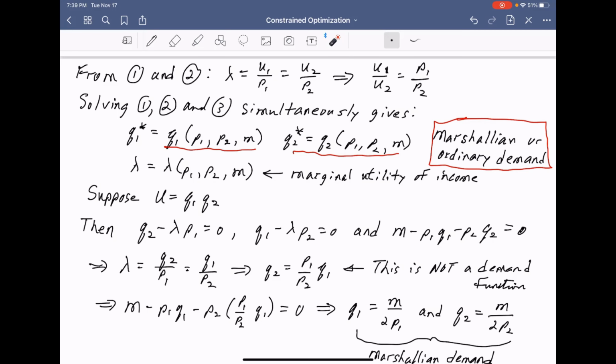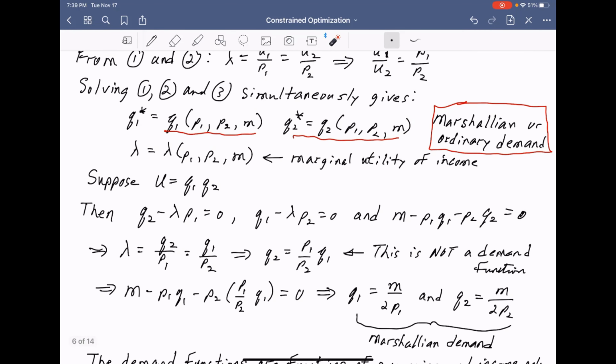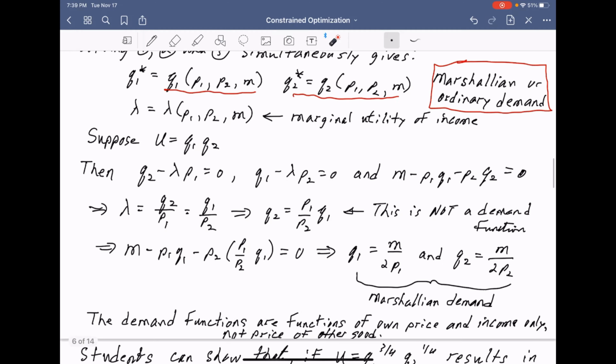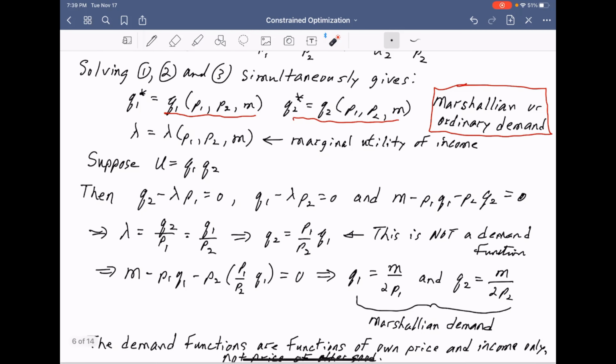And when we solve these for Q1 and Q2, the same way we did here, we end up with these two Marshallian demand functions. With this intermediate step where we solve using the first two equations, we get that lambda is Q2 over P1 equals Q1 over P2.